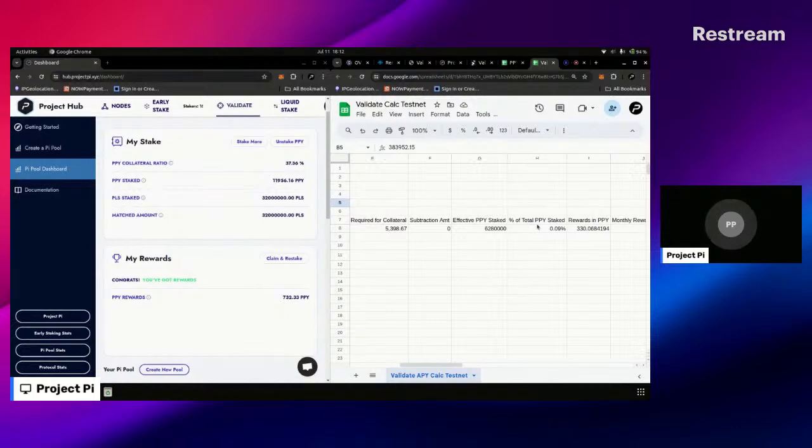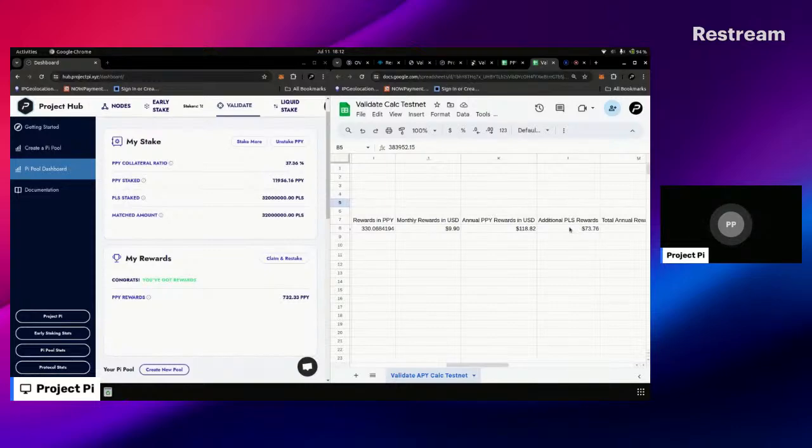And so the rewards for this individual would be about 330.06 in PPY. The monthly rewards in PPY would be almost $10. The annual amount will be $118.82 in PPY. And then you have the additional Pulse rewards.